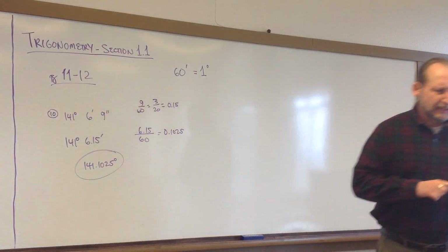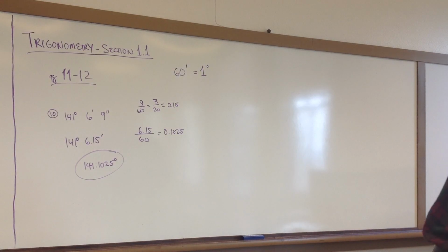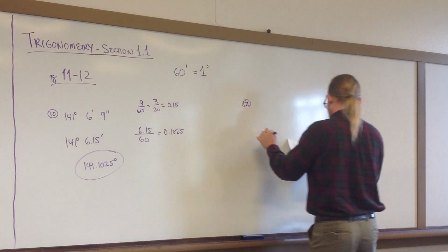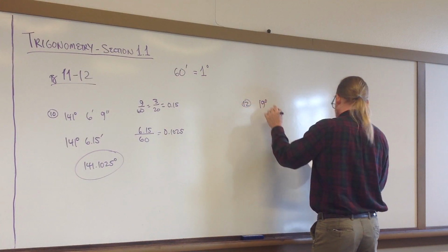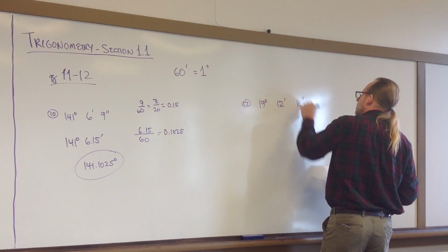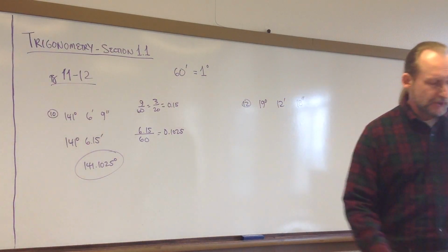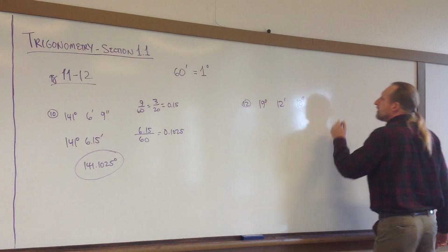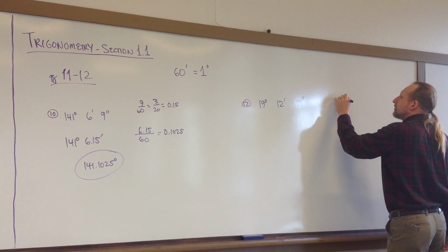All right, let's take a look at problem 12. Here we've got 19 degrees, 12 minutes, 18 seconds. Again, the first thing we want to do is turn the seconds into fractional minutes.